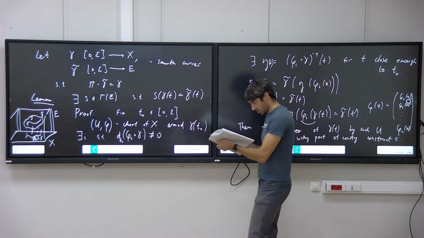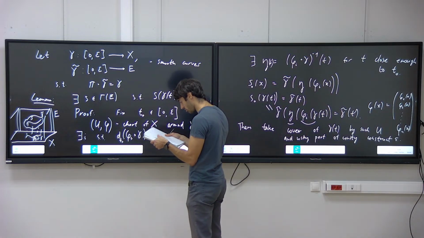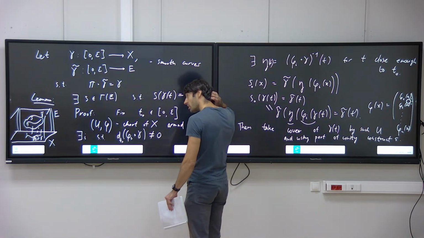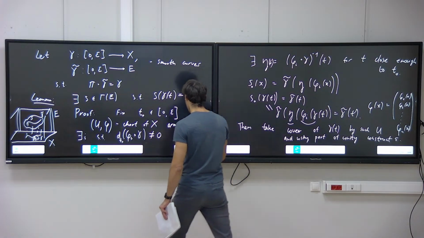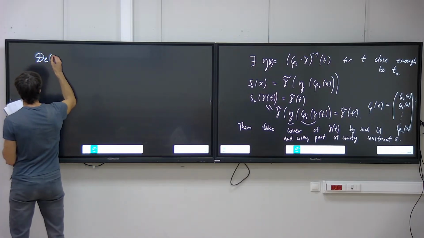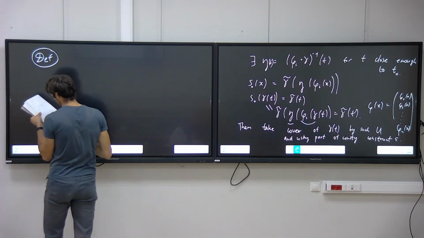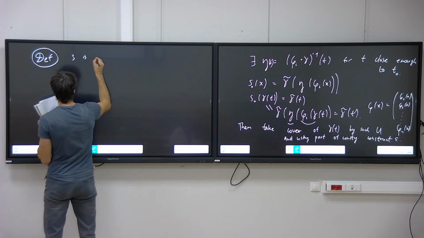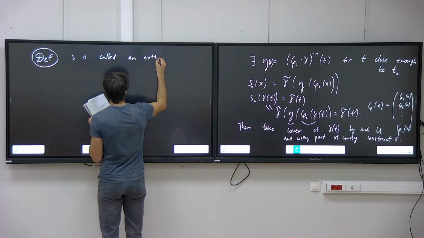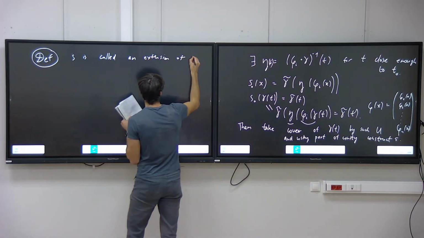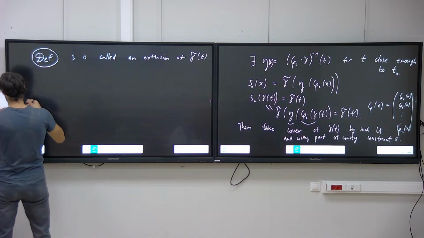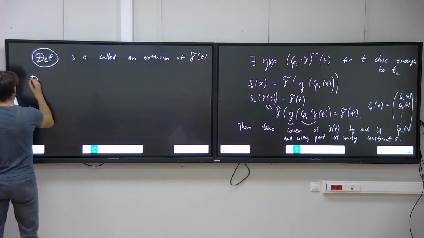Okay. Anyways, once I have this, just to name this guy somehow, S. By definition, S is called an extension of gamma tilde of t. And then I have this definition, another definition.